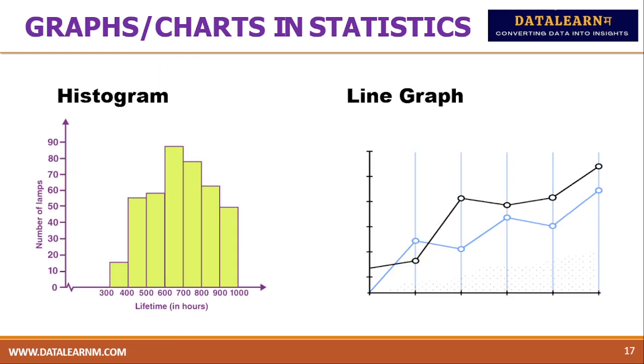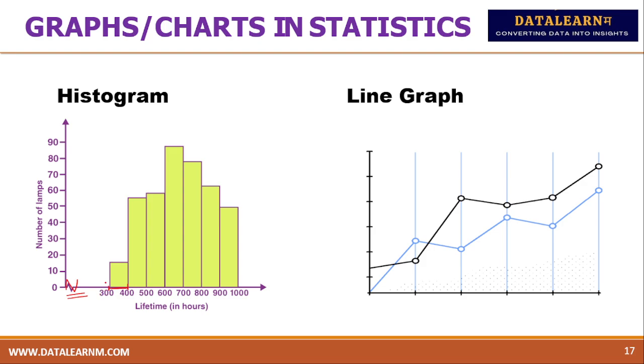Suppose there is a histogram, which simply gives you the range. For example, how many values are there in the range of 300 to 400. The axis has a break so that it does not start from 0, 100, 200 like that.